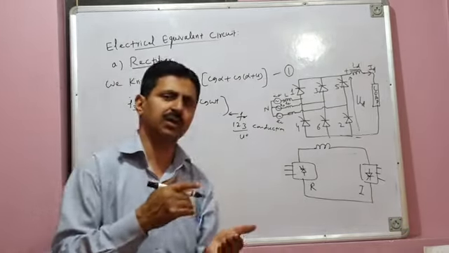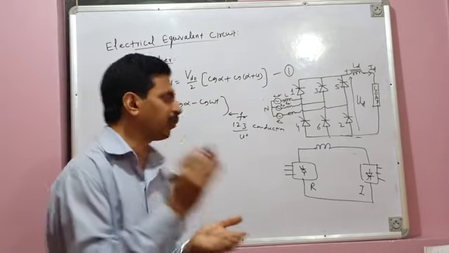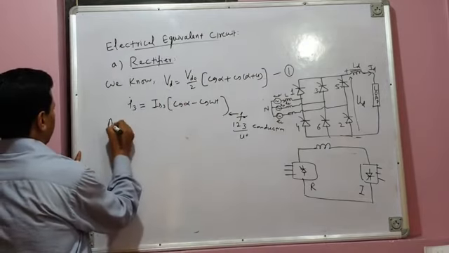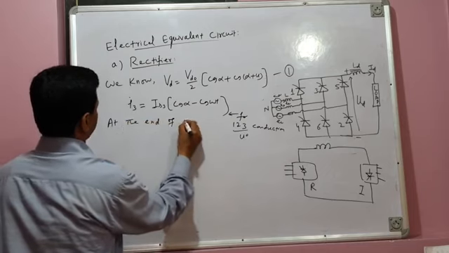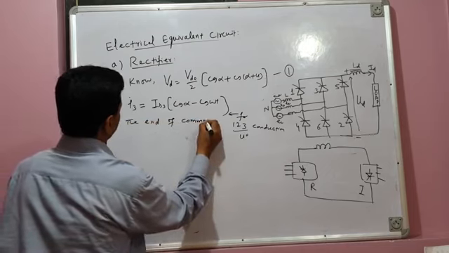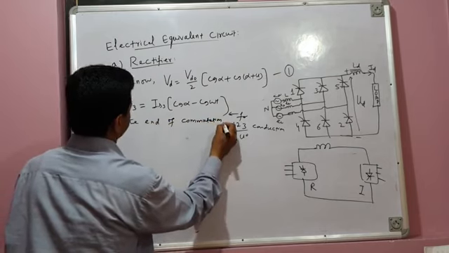And once the commutation is over, at the end of commutation, valve 1 has completely transferred current to valve 3.